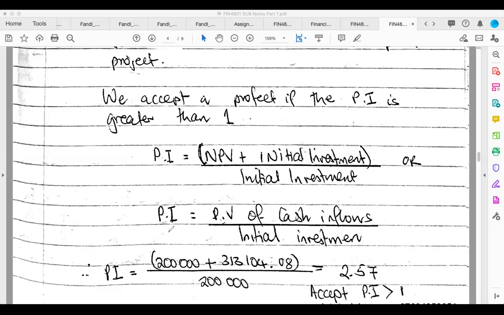In this particular example, we take our initial investment of 200,000, add our NPV of 313,104, and divide by the initial investment of 200,000, and then we get 2.57, which is greater than 1. So we accept the particular project.